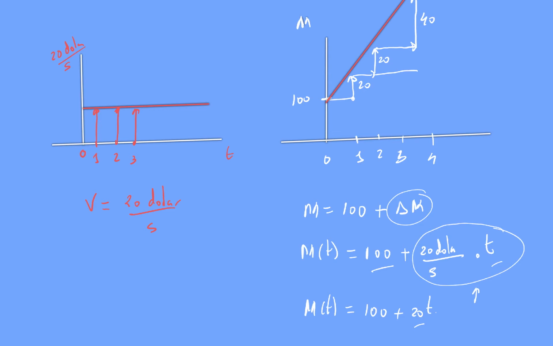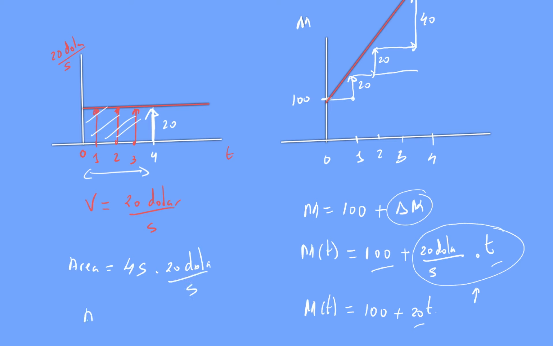So what happens here? Let's look at the area below the curve between 0 and 4, below the curve of the derivative, the $20 per second. What is this area? This area is the area of a rectangle, and the area of the rectangle is 4 seconds multiplied by $20 per second.